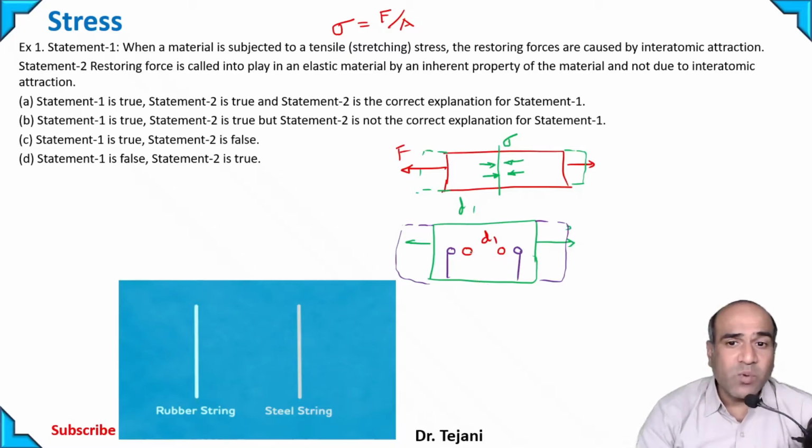So what happened? The molecules try to return to their equilibrium condition. Yes or no? Because of that attraction, which is always there between molecules, there is internal resistance, or restoring force.